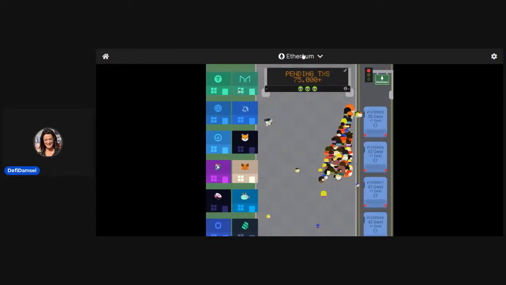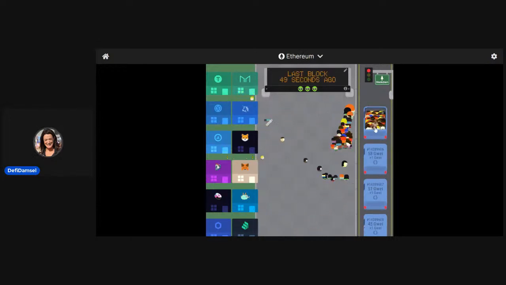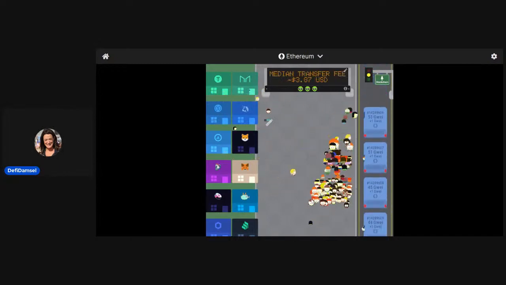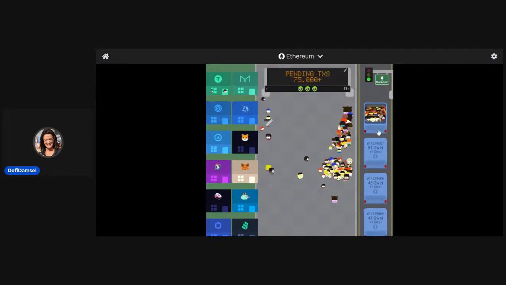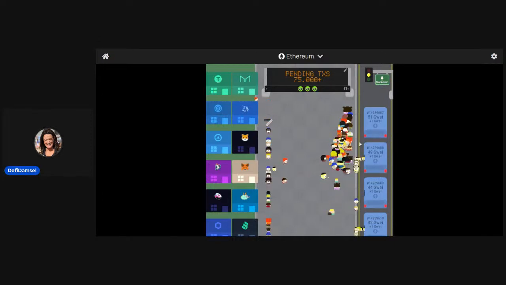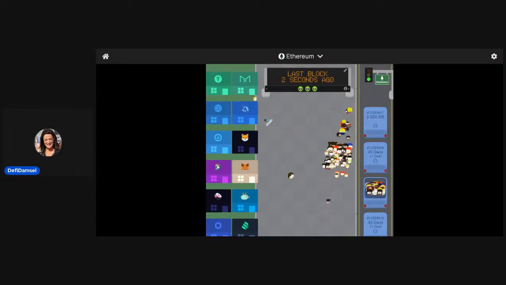Like, what street are you on? We're on Ethereum Street. What's cool about using Ethereum for this is that transactions happen every 15 or 20 seconds. You have a choice to speed up, pay a little more gas, and speed up your transactions. So those are buses that go a little bit faster.